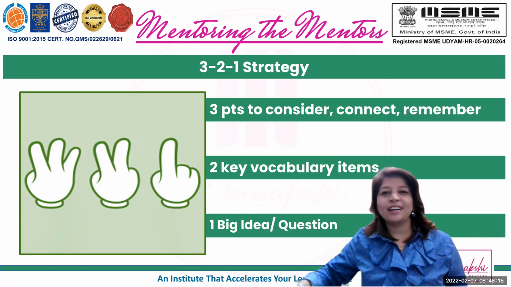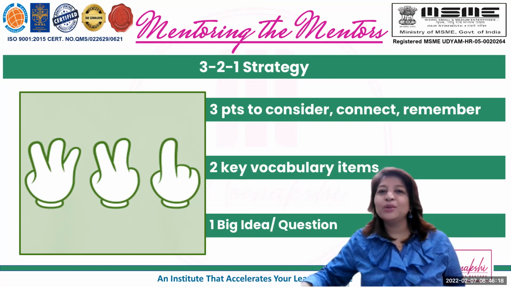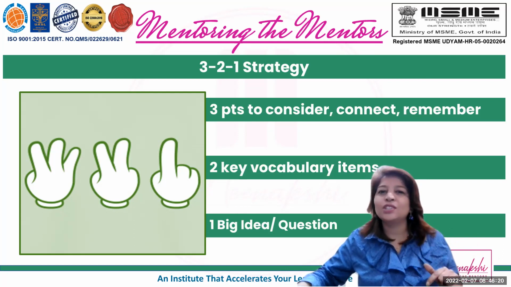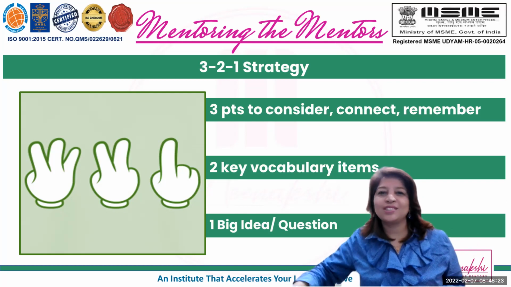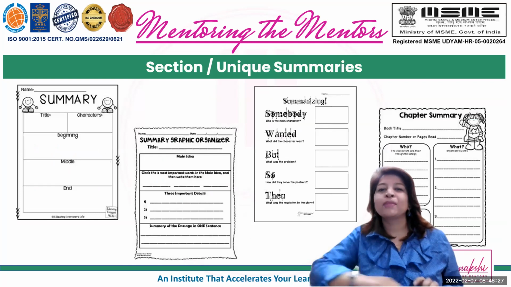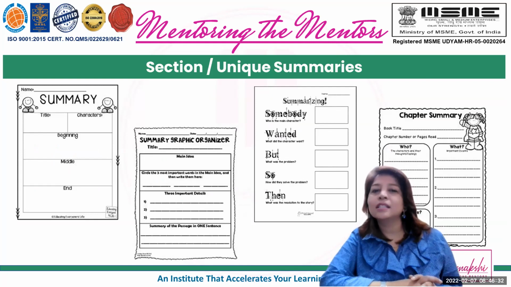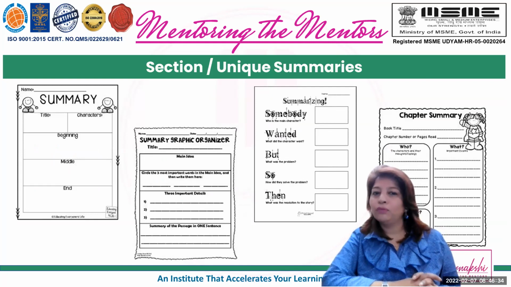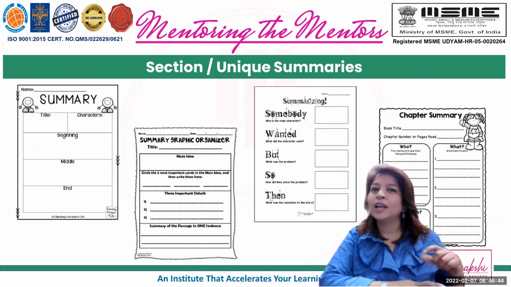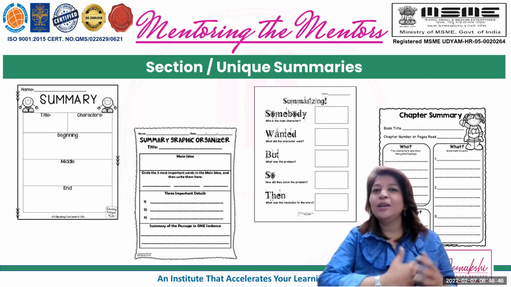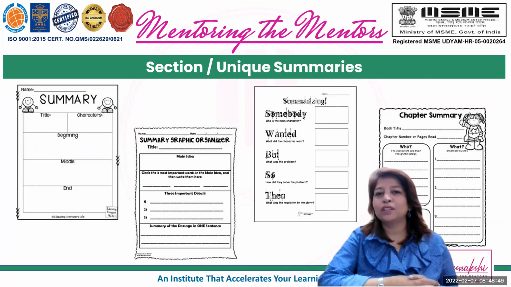So this is a strategy you can use in class to foster your readers as strategic readers. Let's talk about another strategy for the day: section-wise summaries, or unique summaries. After completion of the story or topic, ask your students to come up with innovative summaries. Either they can come up with short, brief summaries, or, as you can see on the screen, I have shared some templates.